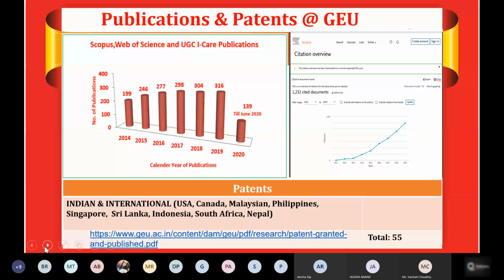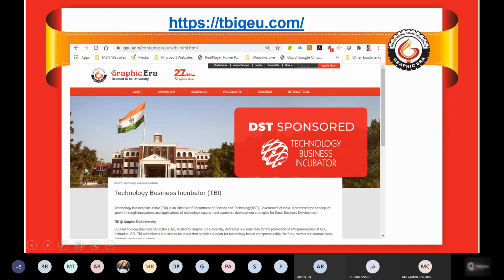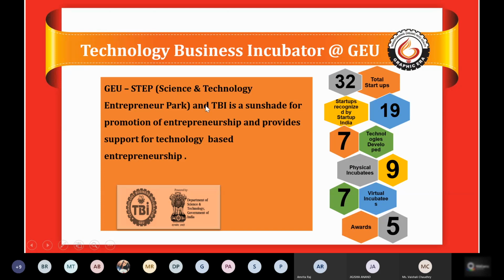Yeah, so this is a slide which is showing tbi.html. So this is the link where you can visit the DST sponsored technology business incubator, right? And this technology business incubator is for promotion of entrepreneurship and provides support for technology based entrepreneurship.